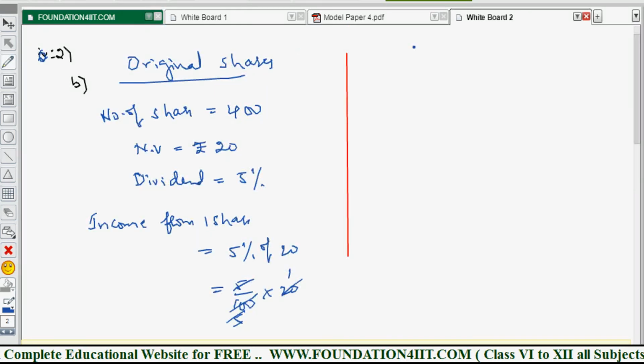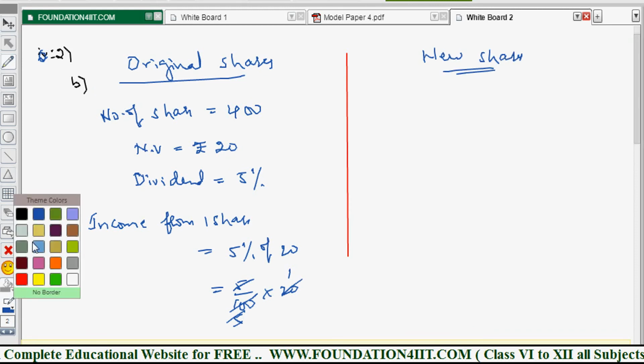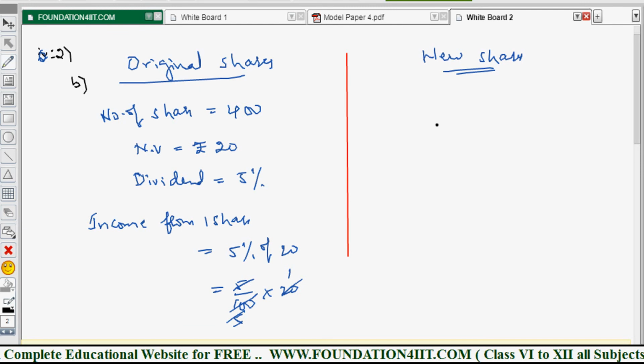Then in these new shares, the total investment is equal to 400 into 18. Okay, this is the total selling price from the previous.